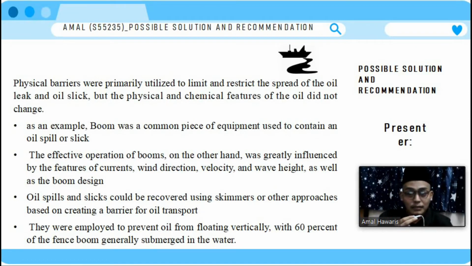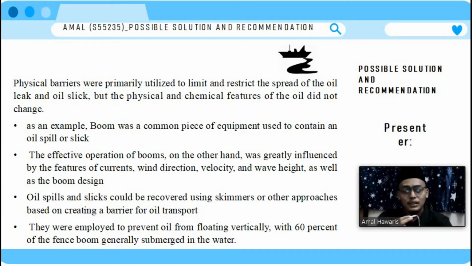Next is the physical barrier, primarily utilized to limit and restrict the spread of the oil leak and oil slick. But the physical and chemical features of the oil do not change. As an example, a boom is a common piece of equipment used to contain an oil spill or slick. The effective operation of a boom, on the other hand, is greatly influenced by the features of current, wind direction, velocity and wave height, as well as the boom design.